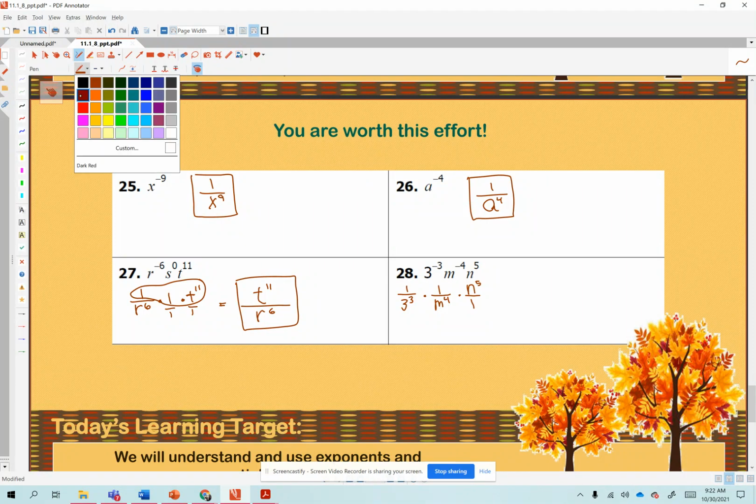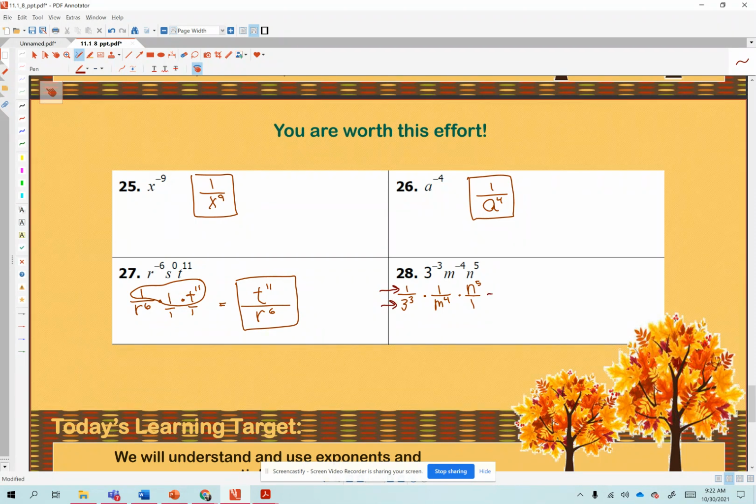So let's do this by multiplying across the numerators and then across the denominators. In the numerators, we have 1 times n to the fifth. In the denominators, we have 3 to the third, which is 3 times 3 times 3, 27, and then we have times m to the fourth times 1, and that is our final answer.